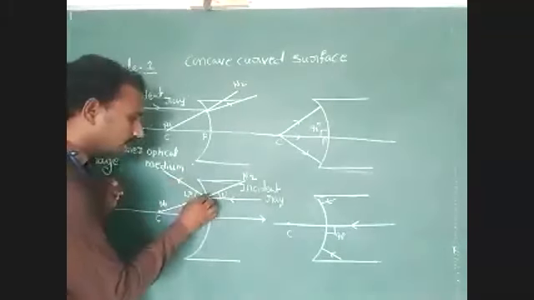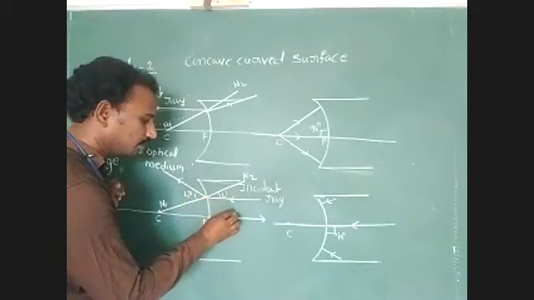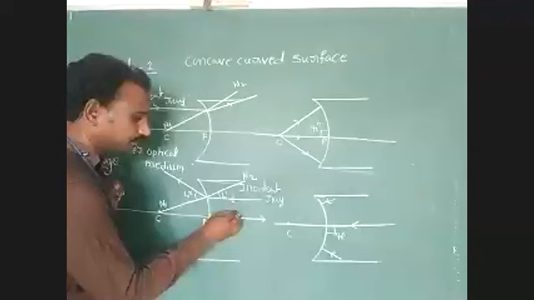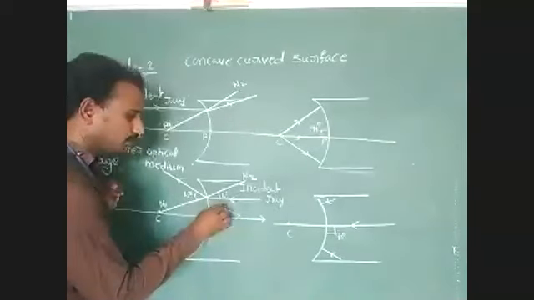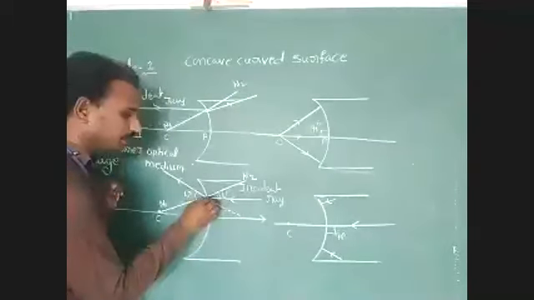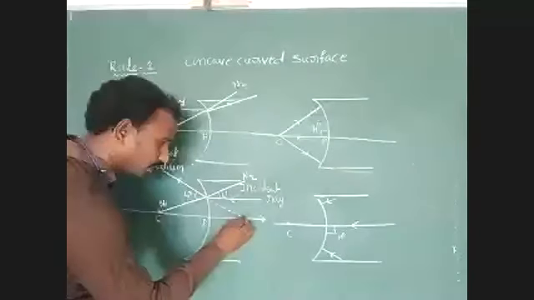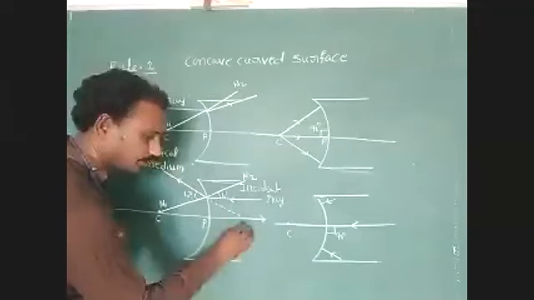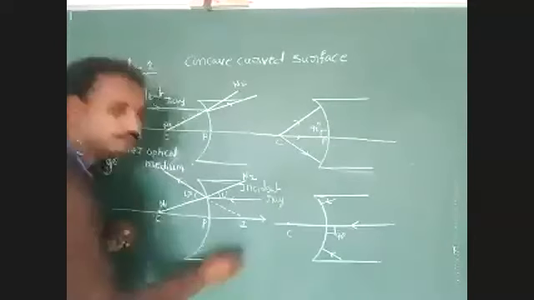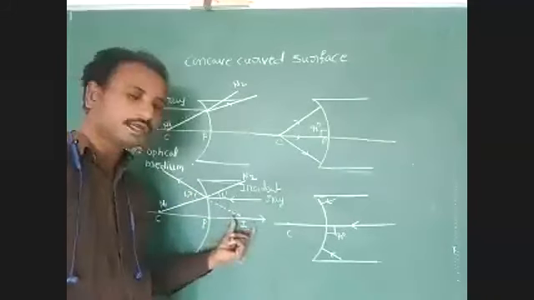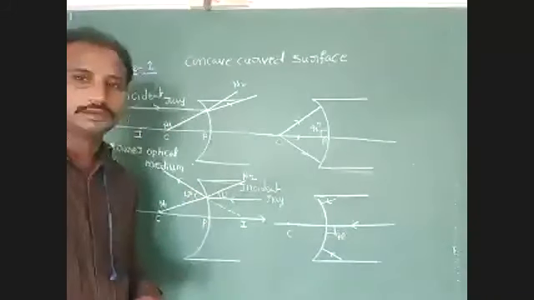Now, this refracted ray appears from one common point in the denser optical medium. From that common point we represent the image formation point, which we consider on the principal axis.